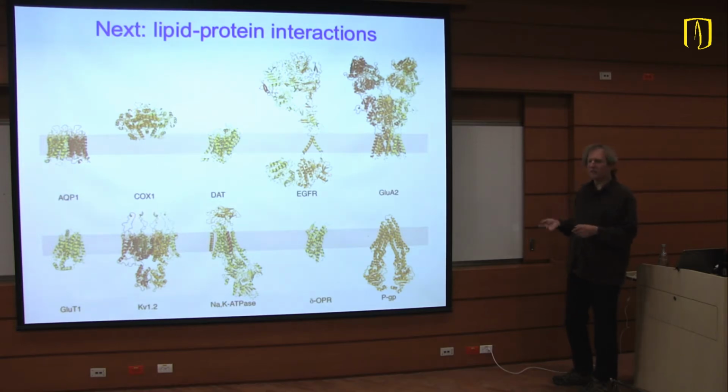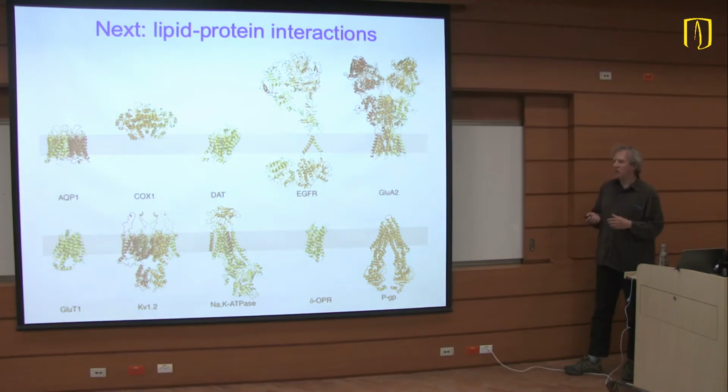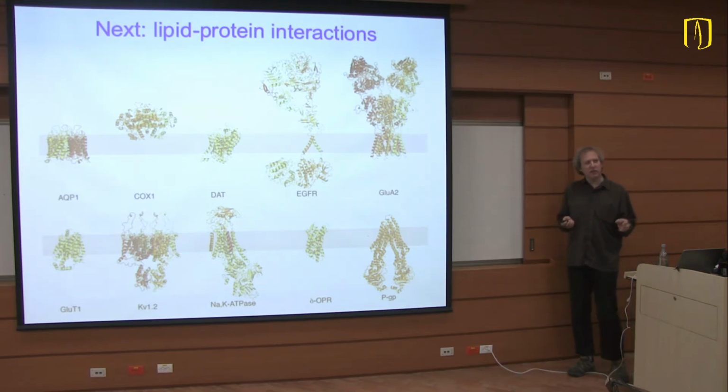So their particular functions are not so relevant in this story, but if I would try this again now, and we are trying this on other cell types, I would try to pick proteins that are closer in real life in the same cell type. For instance, we have models at the moment of cardiac cells. And that's possible now because there have been so many new membrane protein experimental structures.